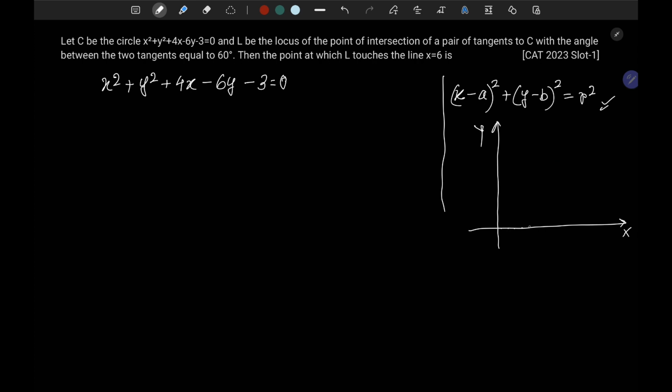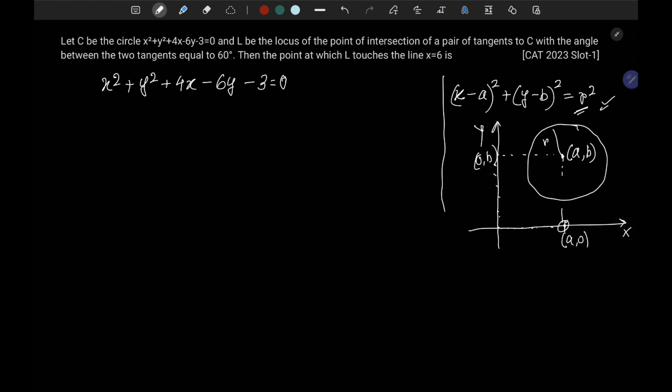If we take measurement a, this is your point a comma 0, and if we take a distance of b on the y-axis, this is your point 0 comma b, then the point a comma b becomes the center of the circle whose radius is r.